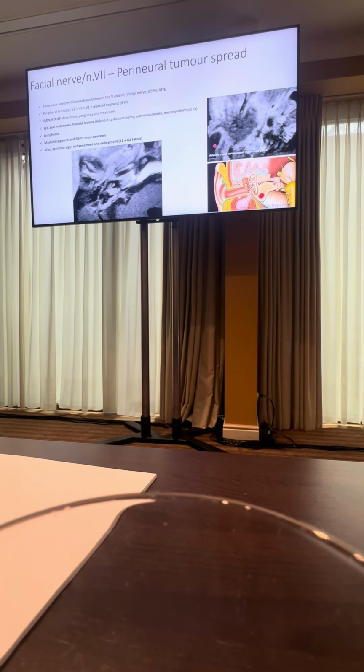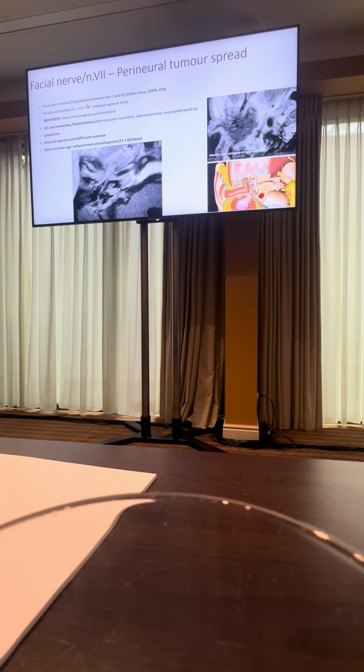Perineural tumor spread, I will go very quickly because I know Professor Kastelman has already touched upon this, and this is also his topic. What I want to emphasize, and that's why I took some time to reiterate the anatomy, is that you have to know your anatomy.